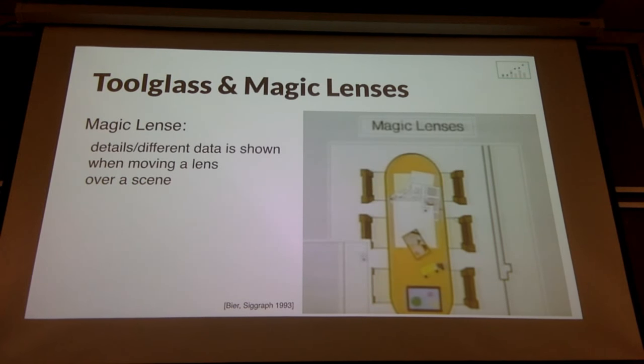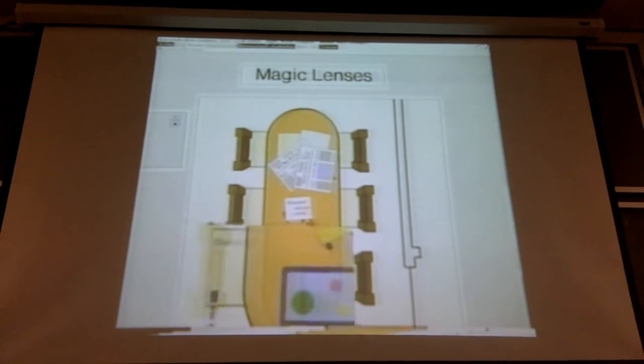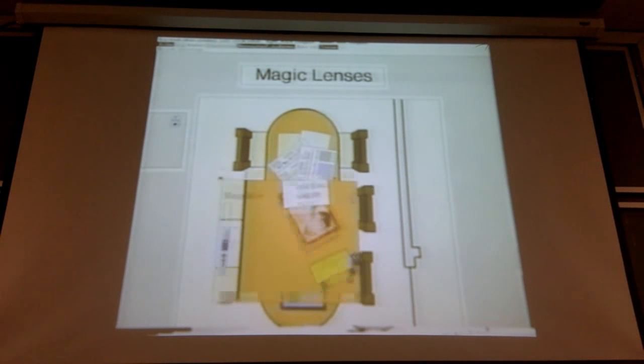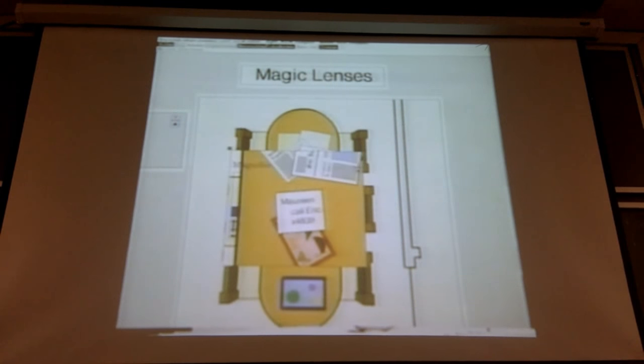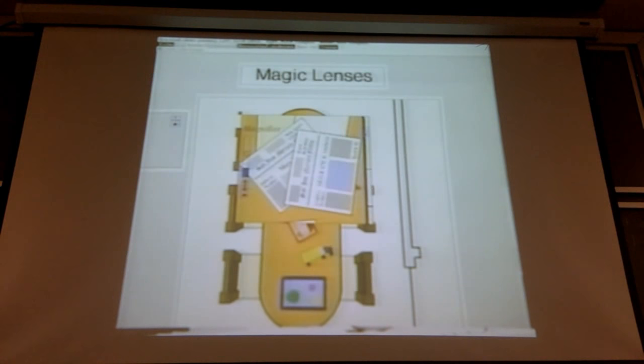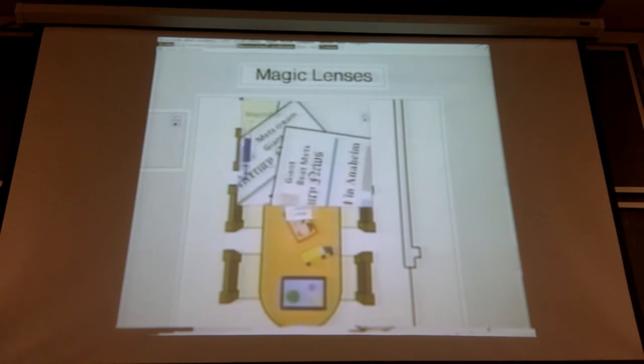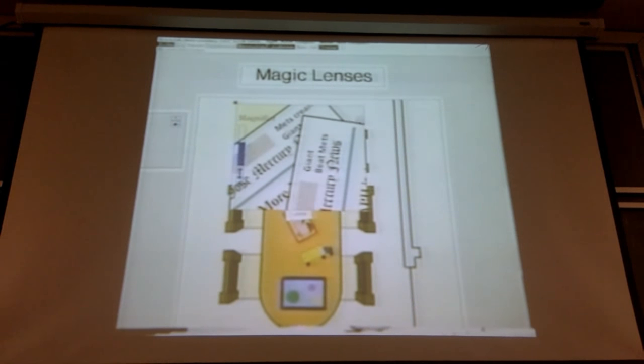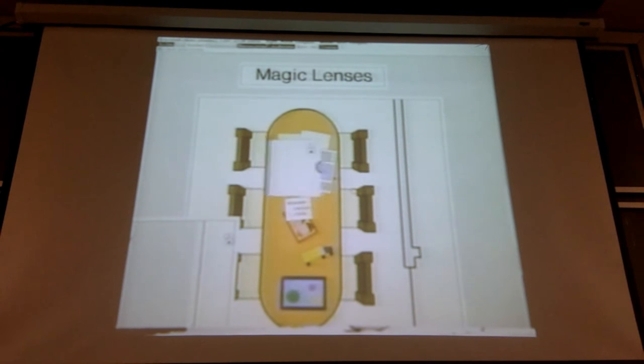Blue glass sheets can include magic lenses, visual filters that modify the appearance of the objects beneath them. For example, this lens magnifies the objects underneath. We control the magnification with this slider, increasing or decreasing. This second lens is a filter that shows only red objects.